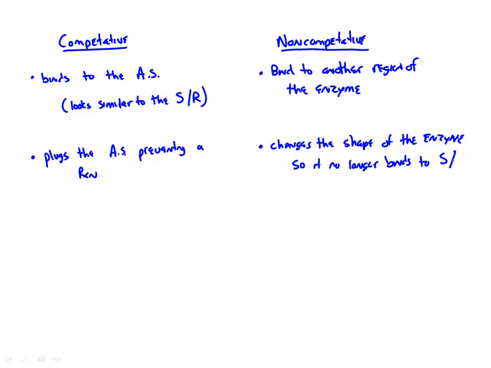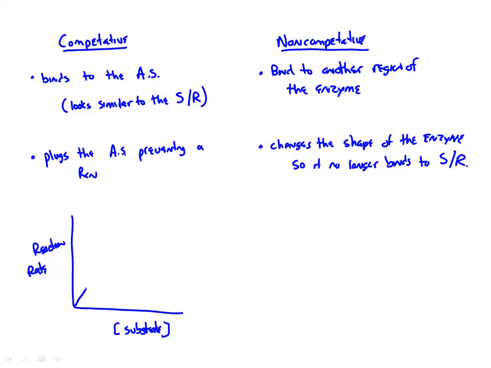To, say, a substrate or reactant there. We'll even just start using S and R together, substrate and reactant. And what that does is that if we take a look at the concentration of substrate and the reaction rate, they function in different ways.